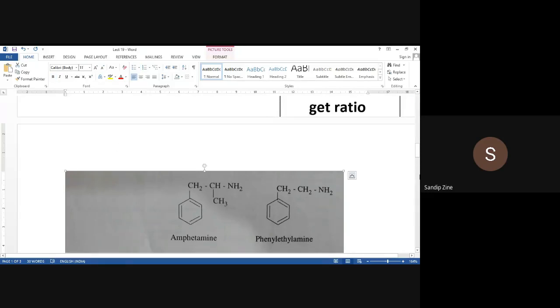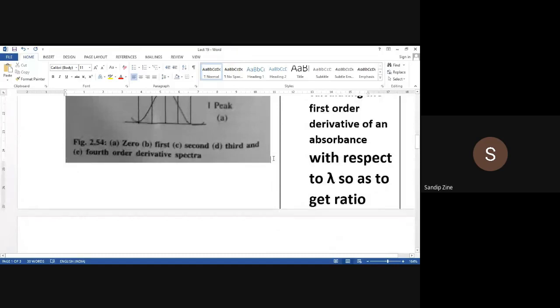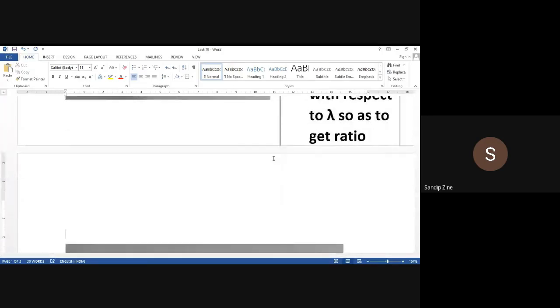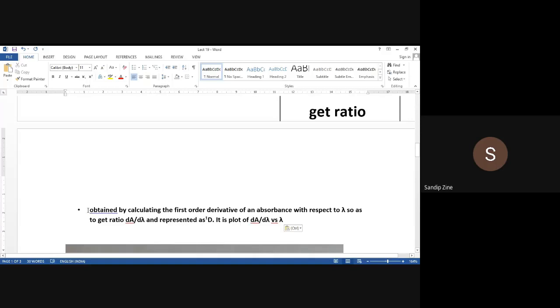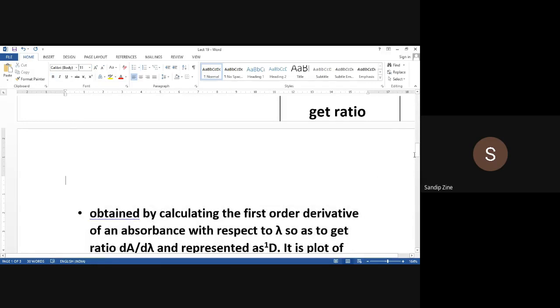Suppose I am using another page over here, and I will just paste it. This is it. I will just increase the font size for your understanding.